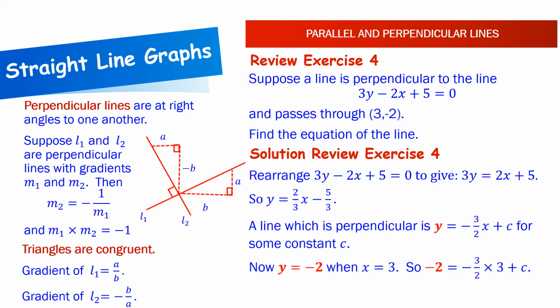Now, we know that y equals minus 2 when x equals 3. So we can plug in the values in order to find c. And therefore we have that c equals 5 over 2.